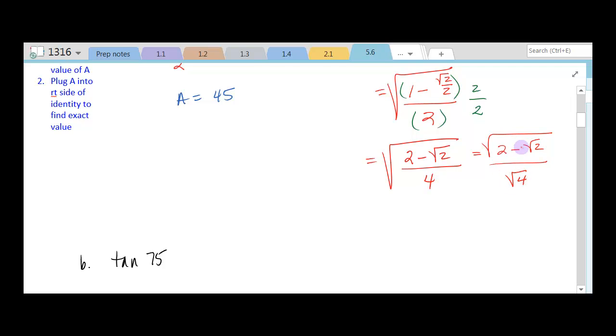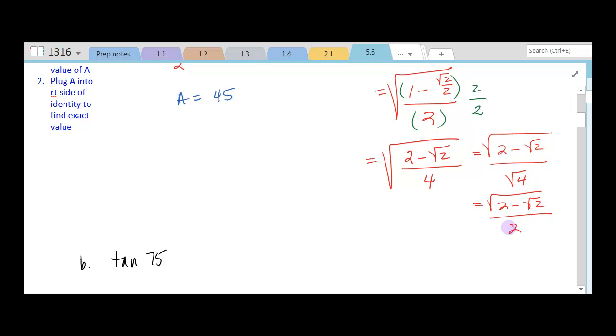Maybe you don't do this step, but technically, if we have a fraction under a single radical, I can rewrite it as the numerator under that radical divided by the denominator under that radical. The numerator has to stay; I can't do anything with it. It just becomes some kind of strange looking radical statement. But the denominator, when I take the square root of 4, just becomes 2.